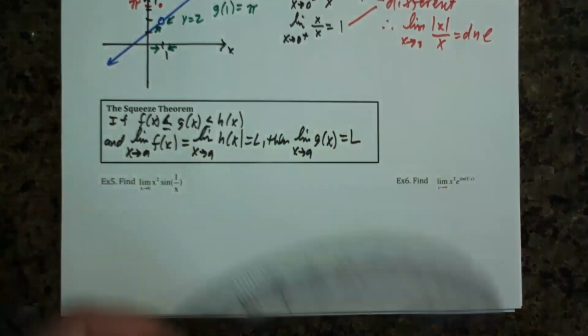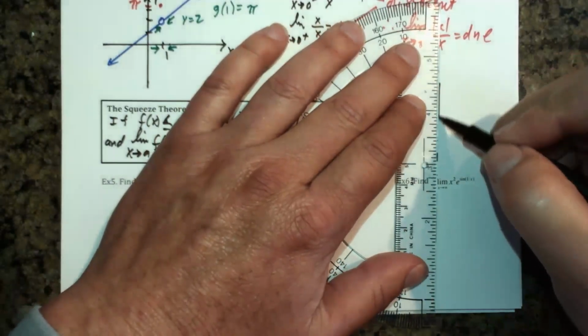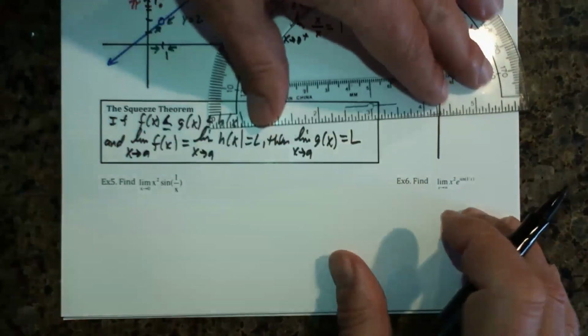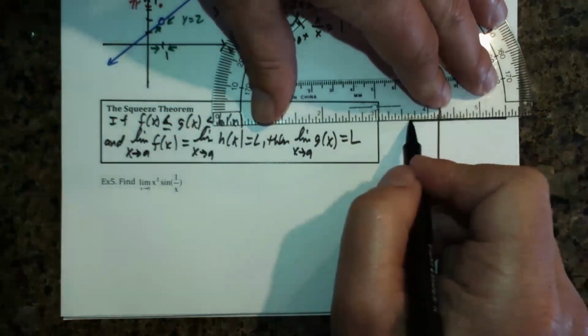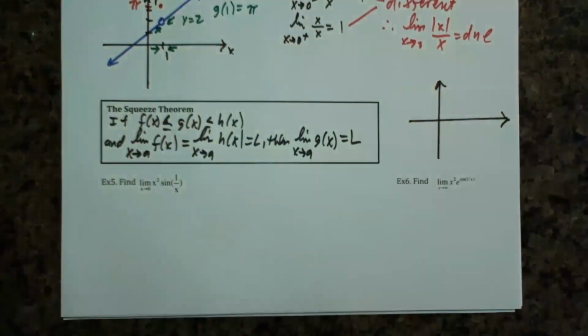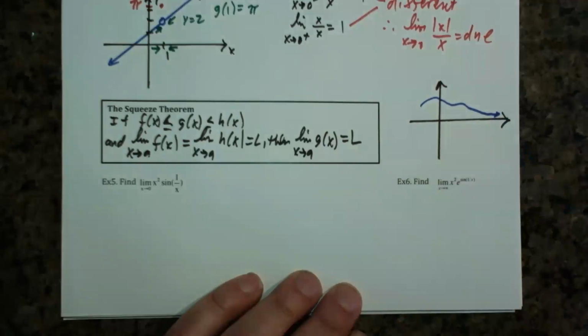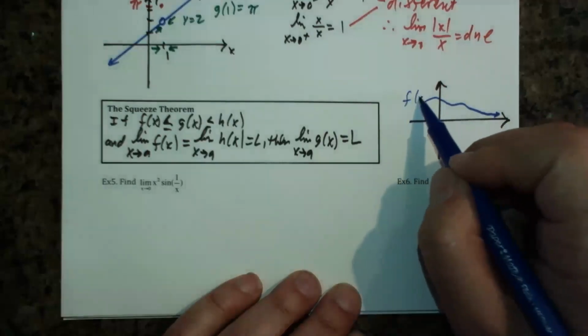So picture this. You have some function that's always above, and it's approaching, we'll say 0 in this case. We'll call this the f of x.